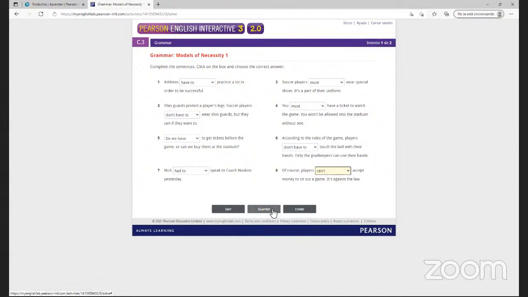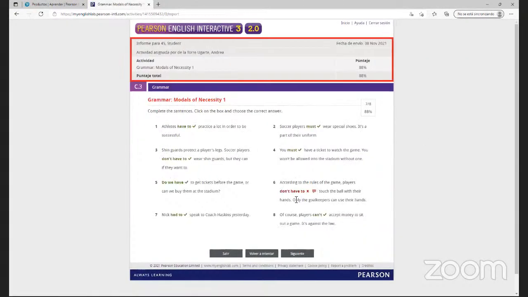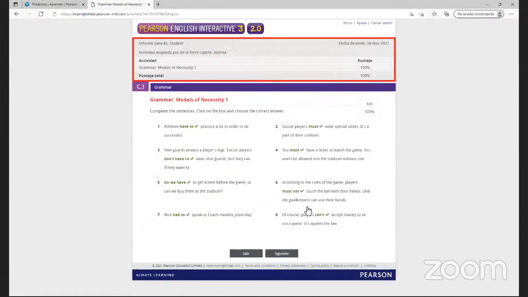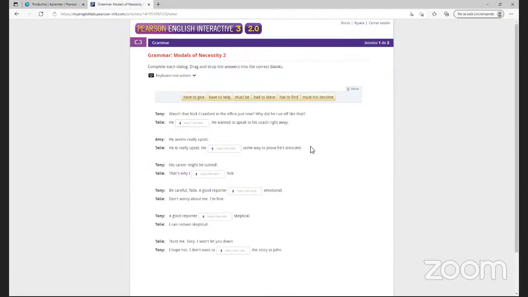Okay, so let's see. Number six. Yes, six. Why? Because it says according to the rules of the game. So we are talking about rules. Okay, so we are not talking about only a necessity. Okay. Great. So let's go to the second one.